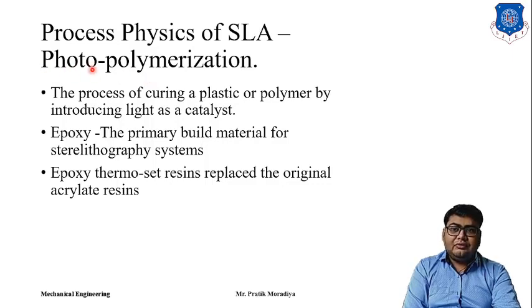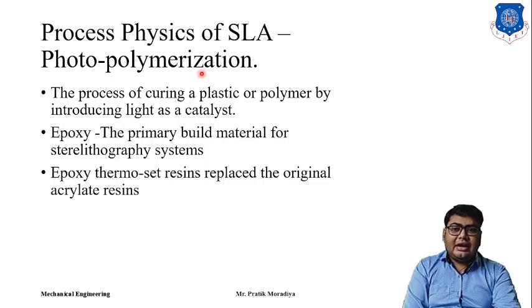So we are using photons as a catalyst, that's why it is known as photopolymerization. Now what is a photon? A photon is simply light. Photopolymerization is the process of curing a plastic or polymer by introducing light as a catalyst. That is what I have explained to you.